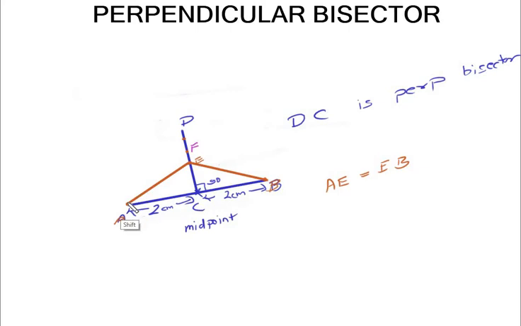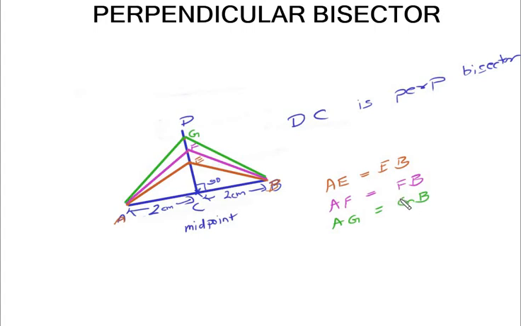So the length of AF will be equal to the length of FB. And similarly, if I take a third point, let's say G, so AG will be equals to GB.